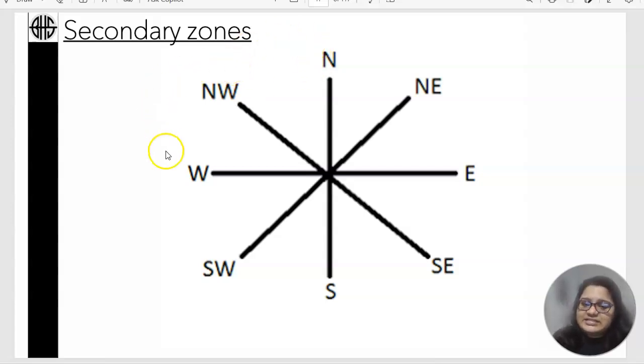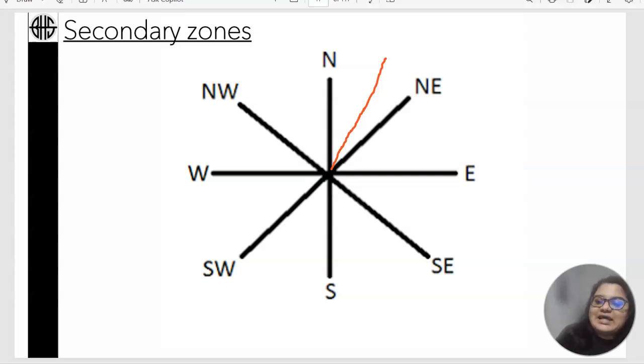From your primary and secondary lines, let us again make another angle, that is your tertiary lines. Okay. Again, coming back to the same knowledge, let us take your north directional line and your northeast directional line. So this is one of your primary directional lines, and this is one of your secondary direction lines. Let us cut this in half. Okay.